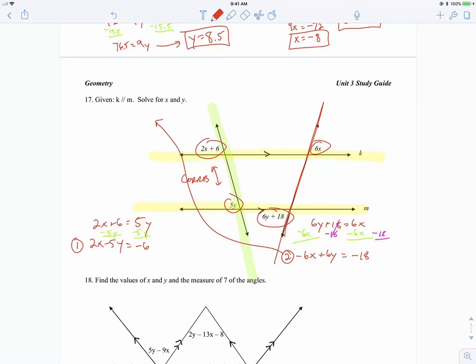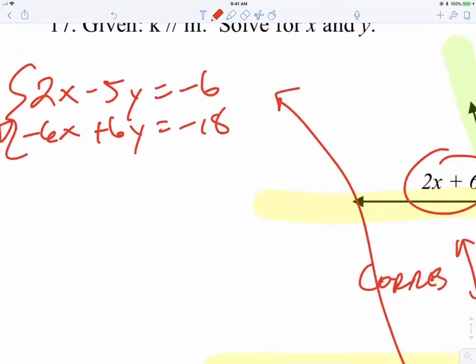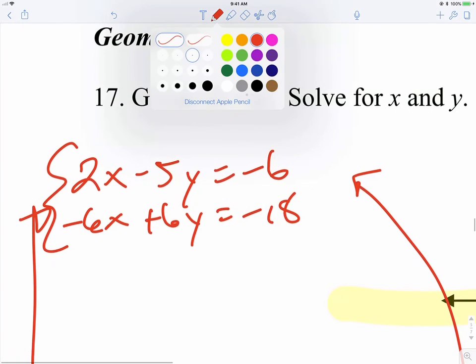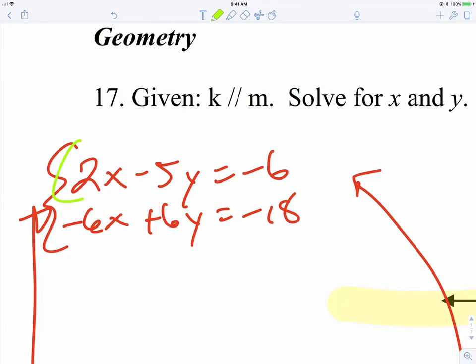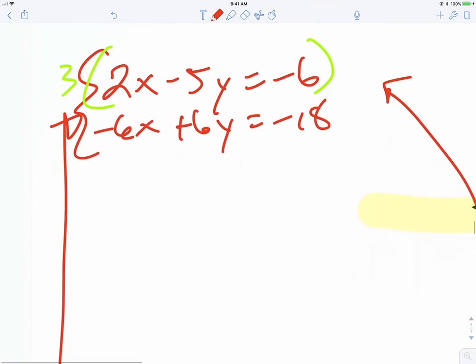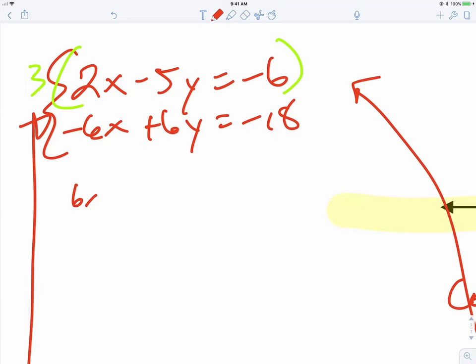Let's pull those two up here. So we got 2x minus 5y equals negative 6, and negative 6x plus 6y equals negative 18. That's our system. We're going to multiply this top equation by 3. That'll get our x's to eliminate. So I'll get 6x minus 15y equals negative 18.